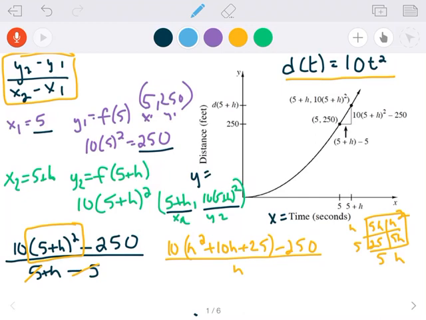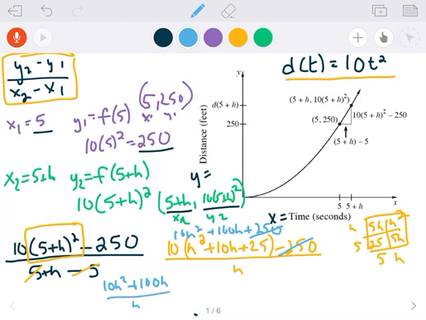Now, we can distribute the 10, so when we do that, we get 10h squared plus 100h plus 250. And then we can see that the plus 250 and the minus 250 cancel out. So if we rewrite this expression, we have 10h squared plus 100h all over h.